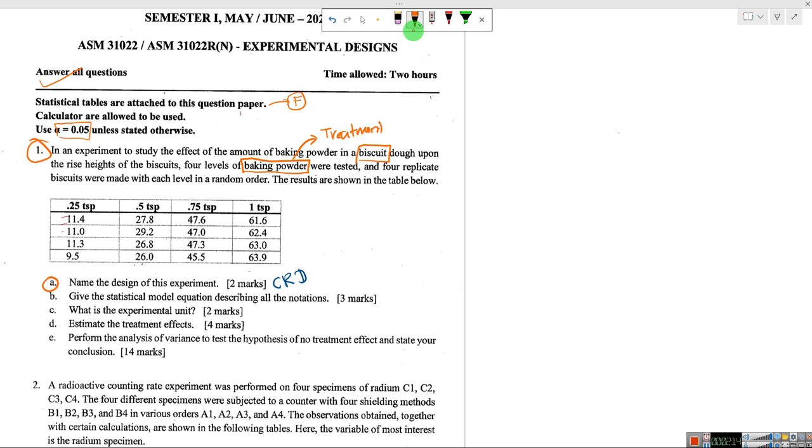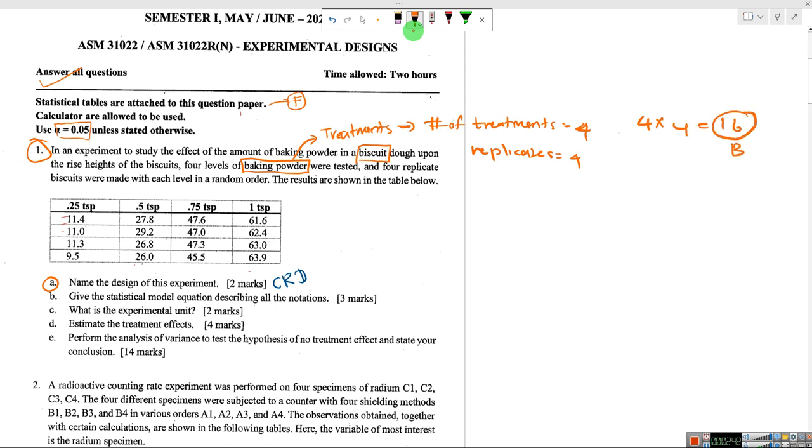So the number of treatments is equal to 4. For each treatment we have 4 replicates, so 4 times 4 is equal to 16 biscuits.